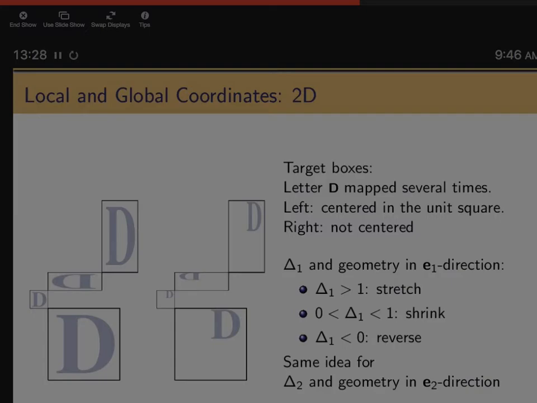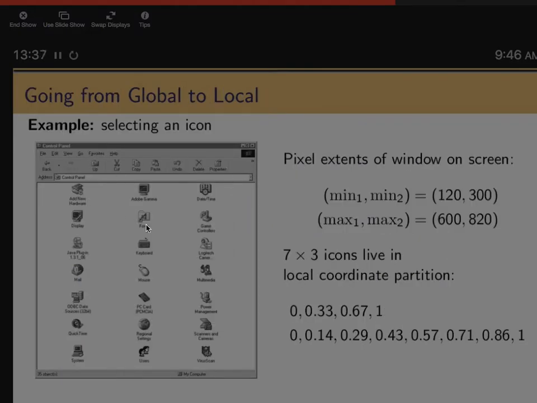Now, in terms of going from global to local, we described the coordinate transformations. Here's a more interesting and maybe more realistic, and this is a clicker question. Let's assume that I had a window with a min and a max, the pixel extents when I try and draw this on my screen, and now I want to figure out what did they click on.